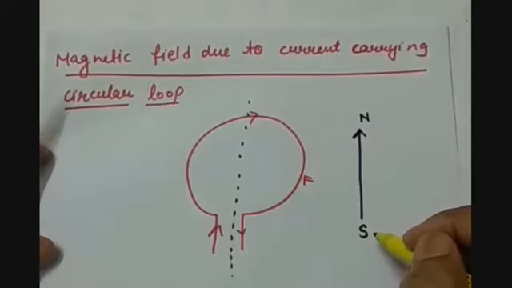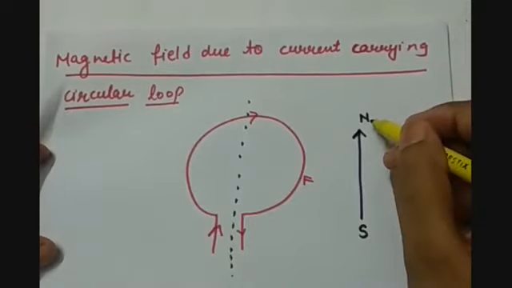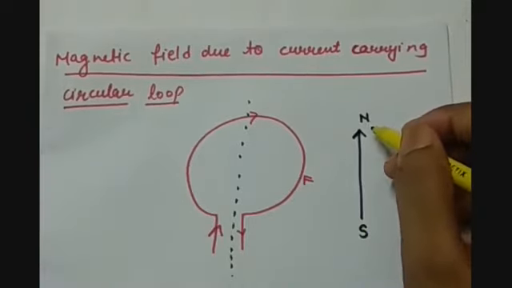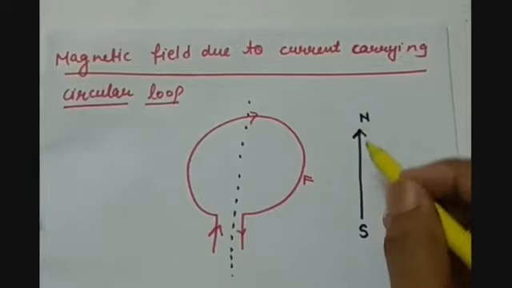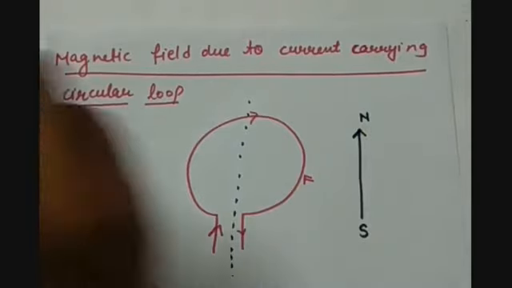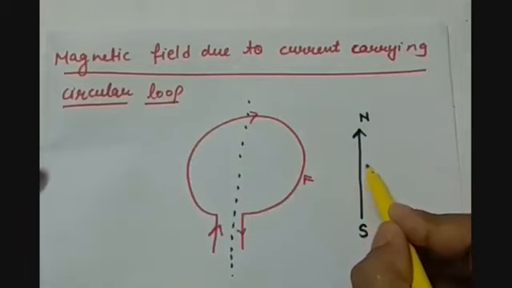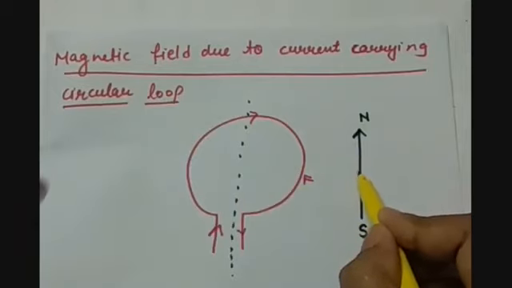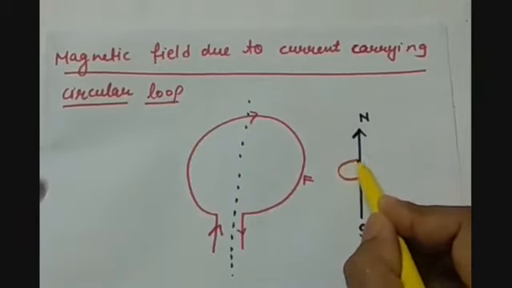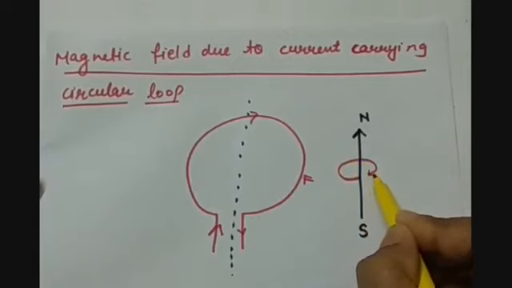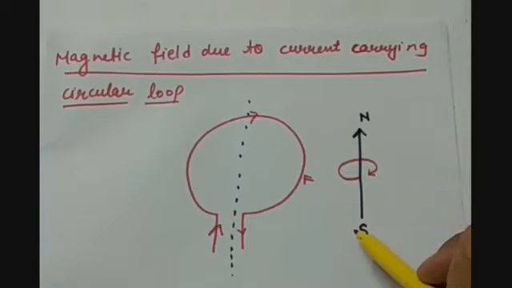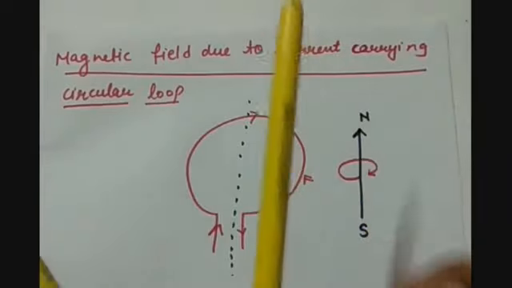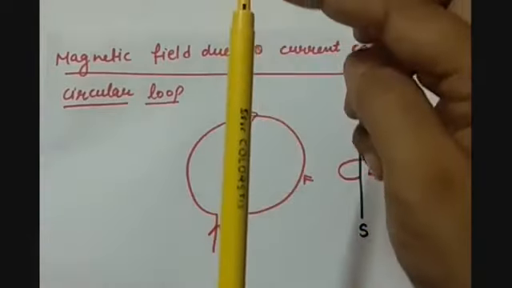Then if the current is flowing from south to north, then according to the right hand thumb rule, we know that magnetic field lines will get produced around it, which will come from the down and they will go up this way.